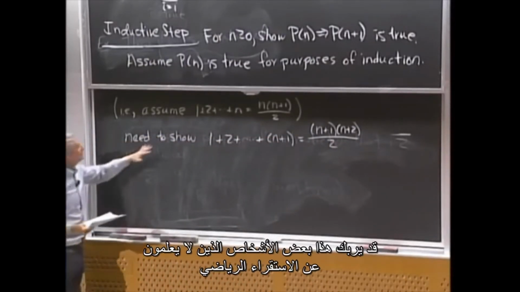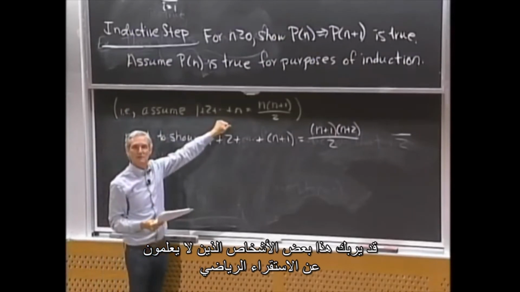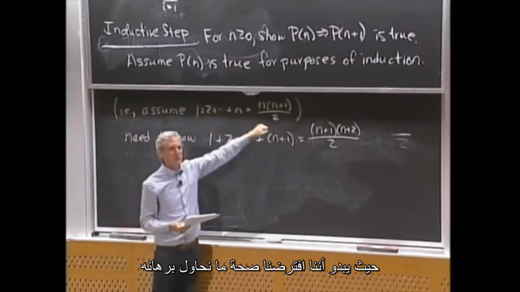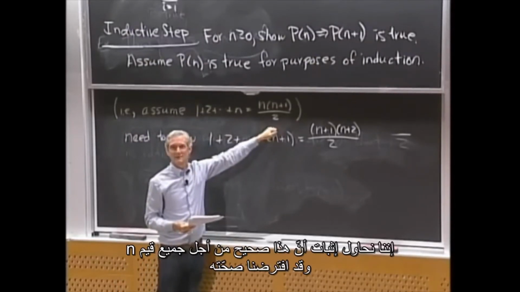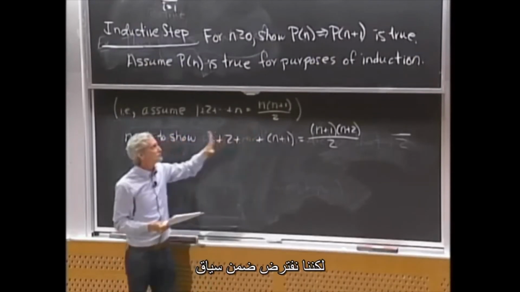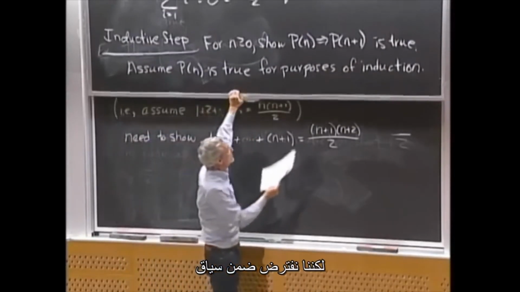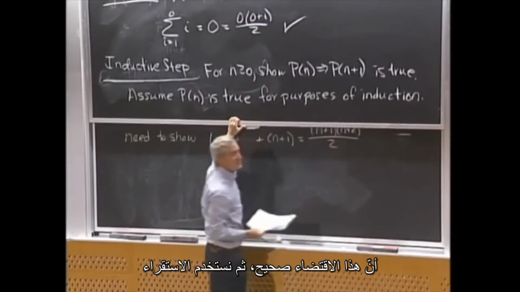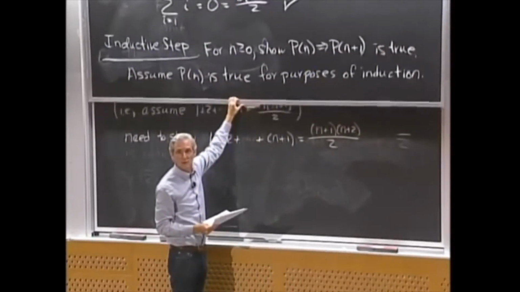You know, it's sort of weird, and this does confuse people that aren't familiar with induction. It looks like we just assumed what we're trying to prove. We're trying to prove this is true for all n, and we just assumed it. But we're assuming it in the context of establishing this implication is true. And then we apply the induction axiom to conclude Pn is true for all n.